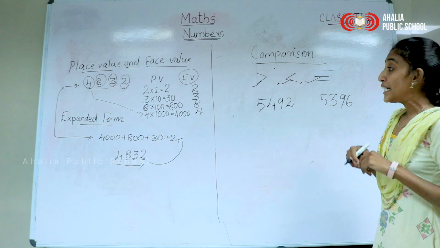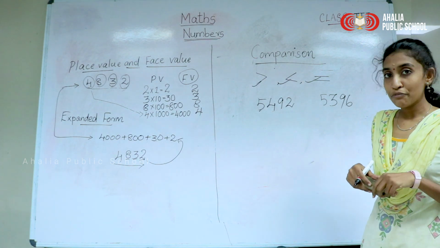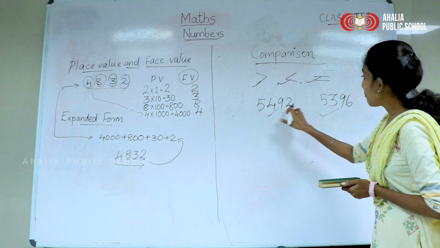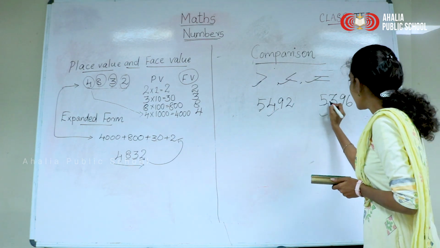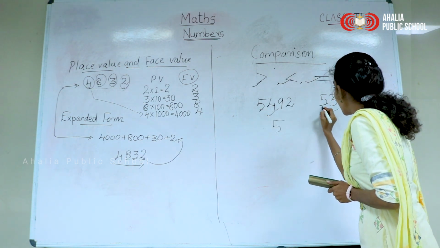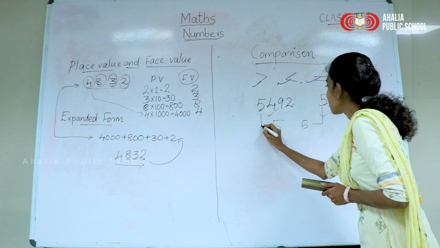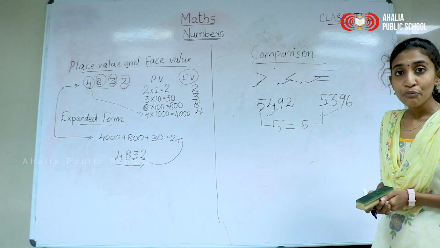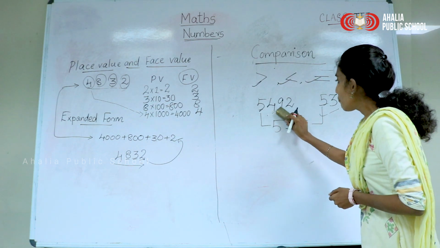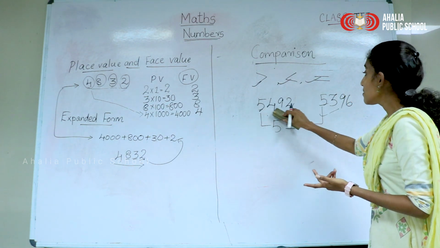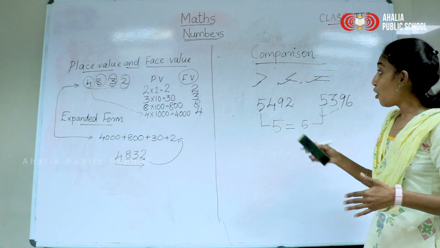I have told you, if you have an equal number of digits here and here, we compare the very first digit. But here it is 5 and here also it is 5. So 5 is equal to 5. From this we can't say surely which is lesser, which is greater, or whether they are equal.